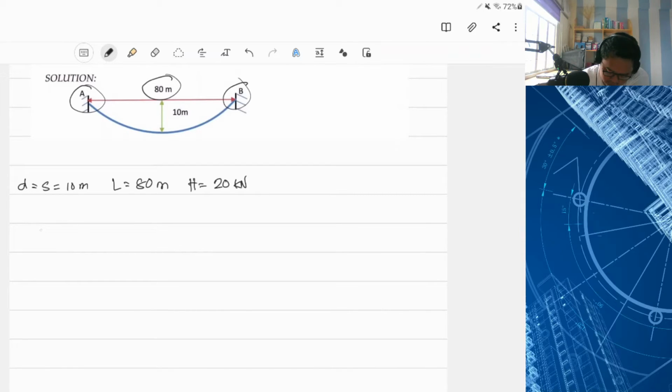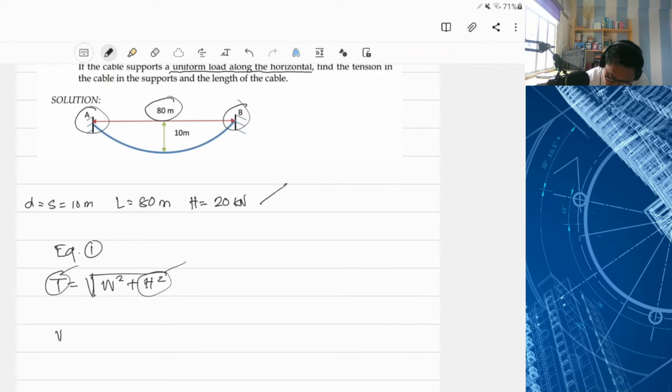What we have is the formula T equals the square root of W squared plus H squared. H is known, but we don't have W, the weight of the horizontal load of the cable shown. So T is what we are going to solve. So let's find W.